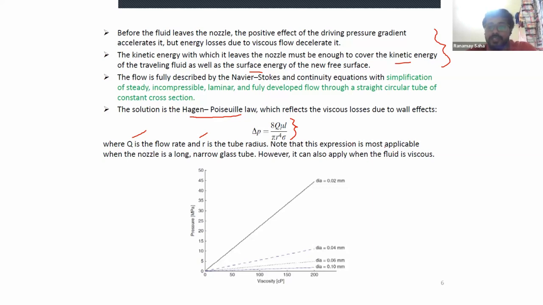This expression is applicable when the nozzle is a long glass tube, and also when the fluid happens to be viscous. This is an illustration of how the pressure varies with viscosity for different diameters of a tube, the nozzle through which the fluid flows. You can see as the nozzle diameter reduces, the pressure increases, linearly with the viscosity.